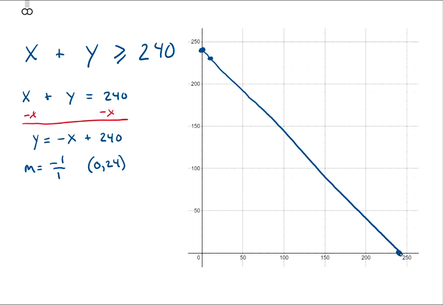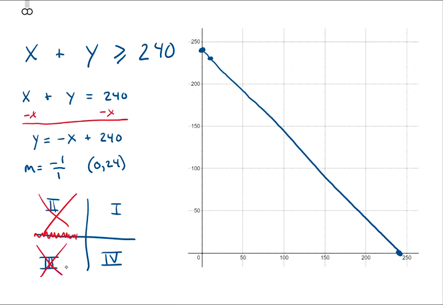So if we look at quadrants 1, 2, 3, and 4, well, this part of the x-axis is negative, so that's out. You can't have a negative number of people going to Philly, so we can't have quadrant 2 or quadrant 4.